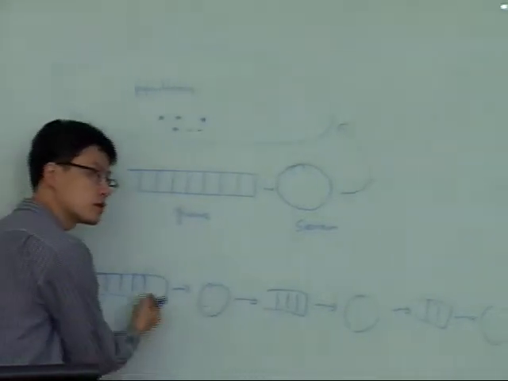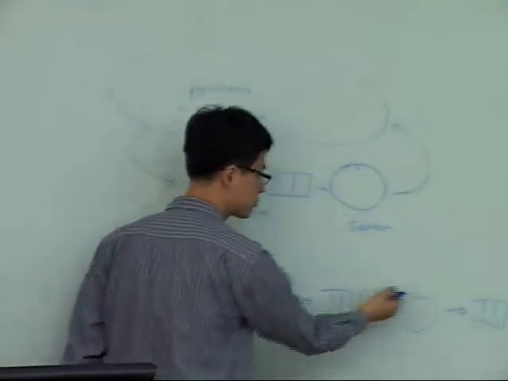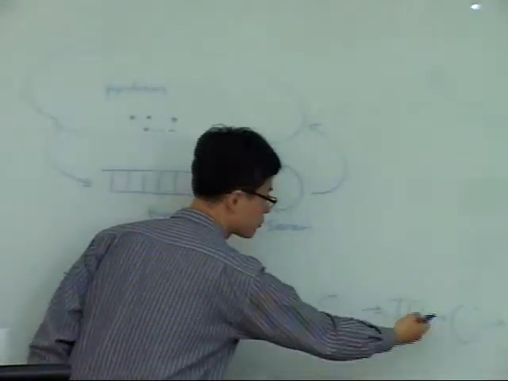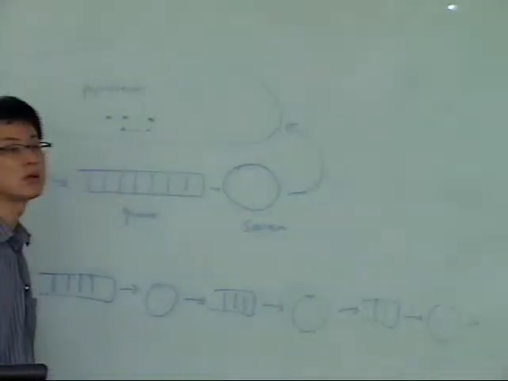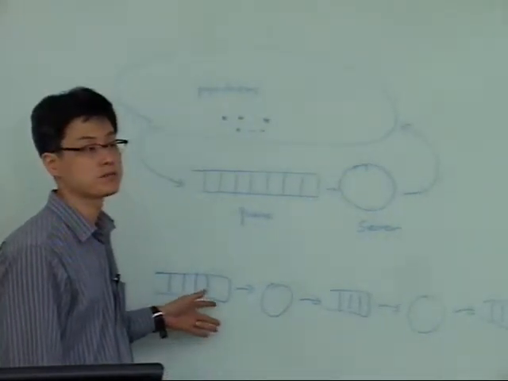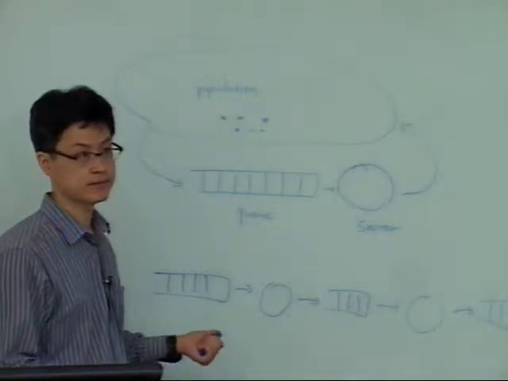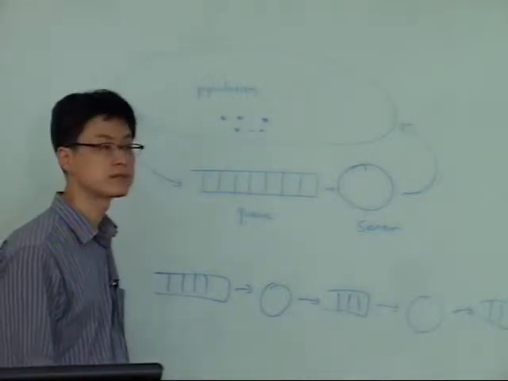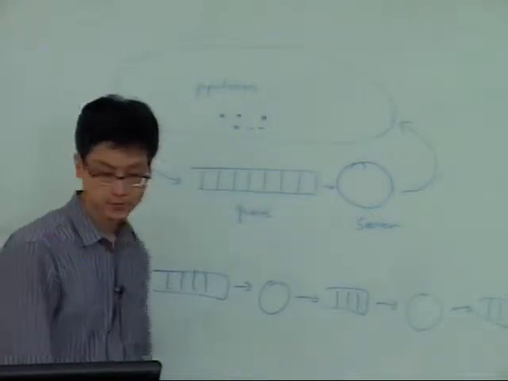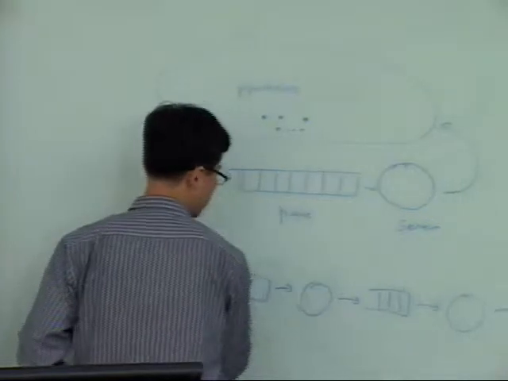Sometimes a queue with multiple parallel servers, then another queue with multiple parallel servers. Basically, if you model like this, you can model a manufacturing plant. Okay?